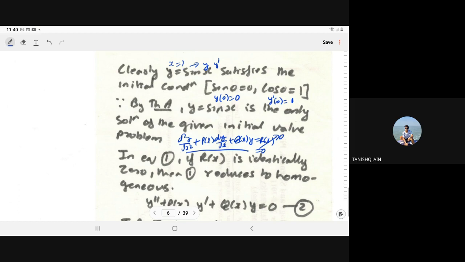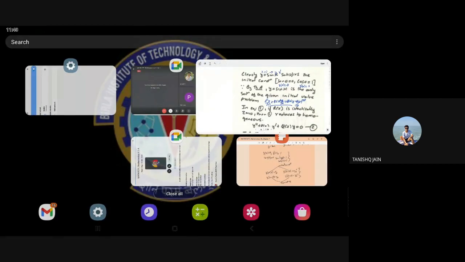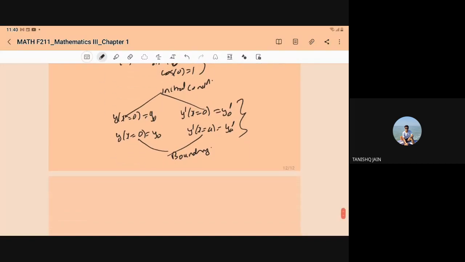Here, I just want to convey that when a condition is given to you, we have the unique graph, unique solution. Okay, sir. In that case, because the sin x is this one, the condition is given for the particular point only.